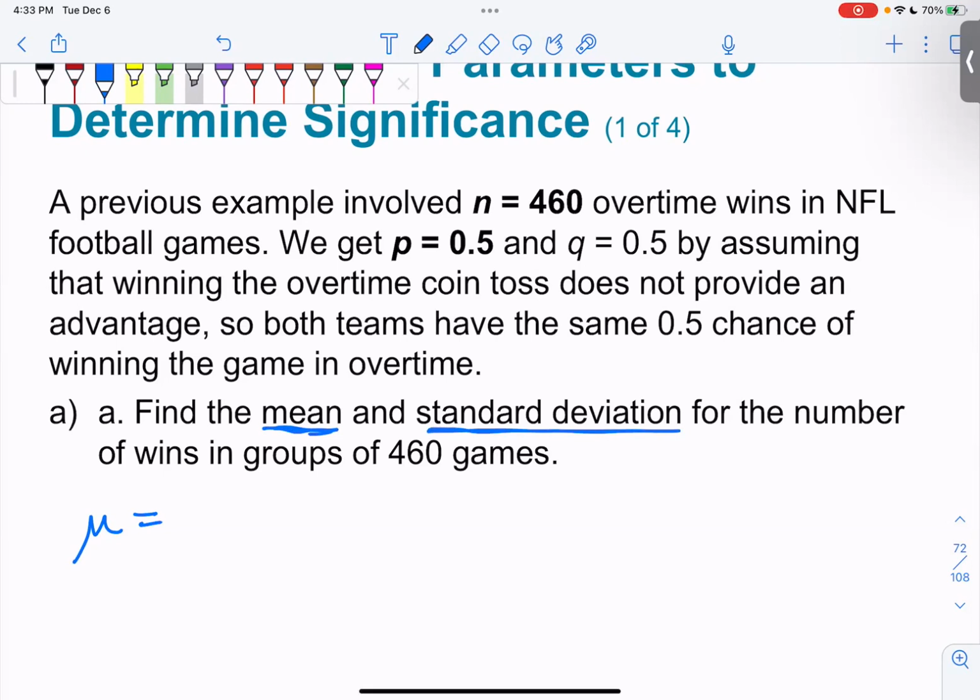Okay, so we have to have n, which is given as 460. And we have to have p, which is 0.5.